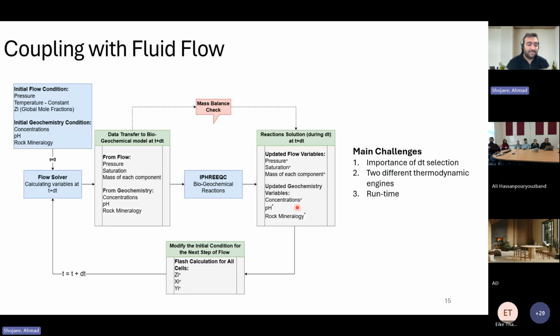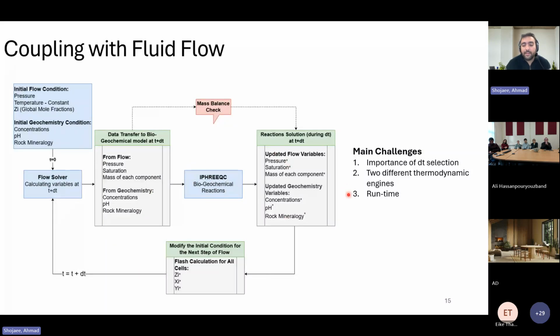This flowchart shows the details of coupling. We initialize the system by giving pressure, temperature, global mole fraction, the injection scenario, everything, and the geochemical condition, concentrations, pH, mineralogy. We solve fluid flow, calculate all variables, and then take them to the bio-geo model, update them, and then go to the next time step.